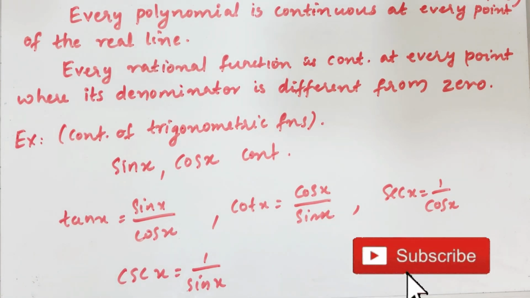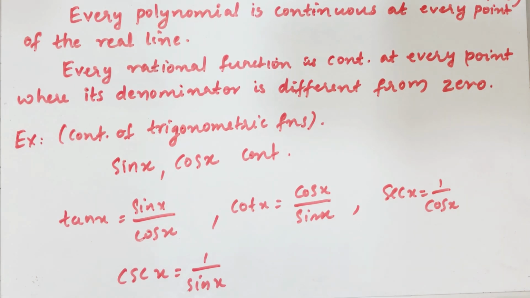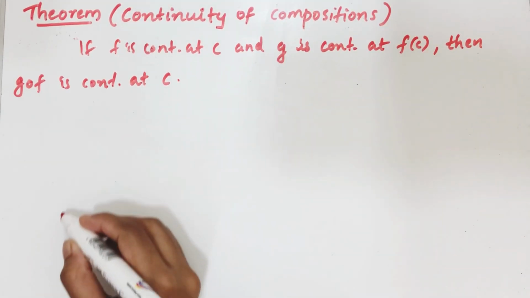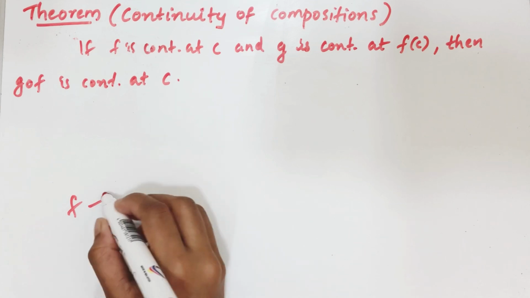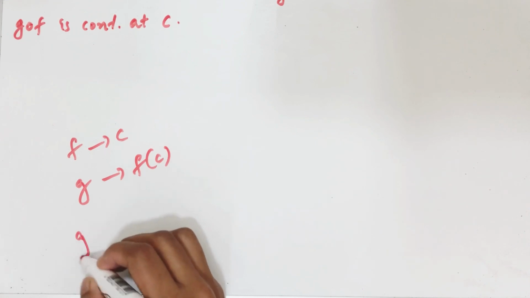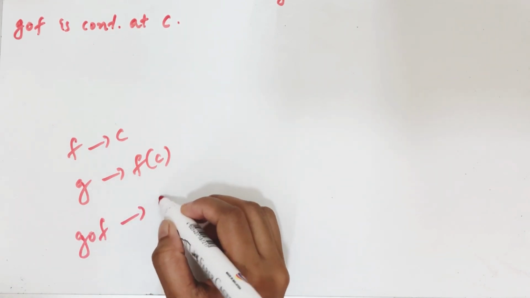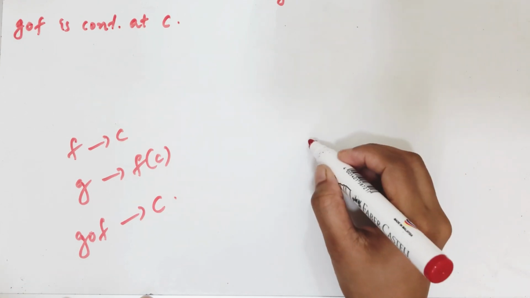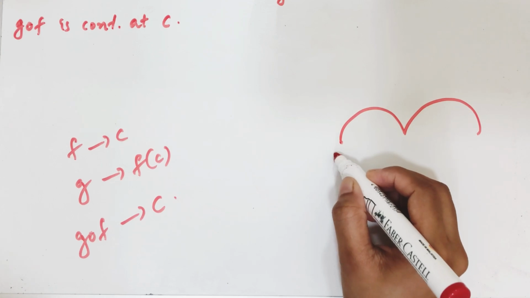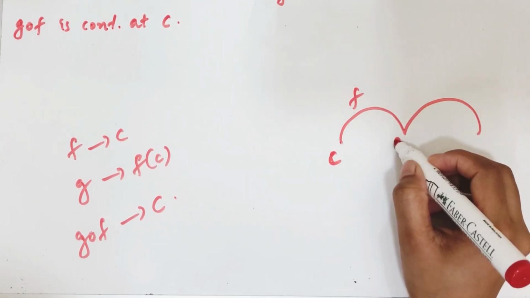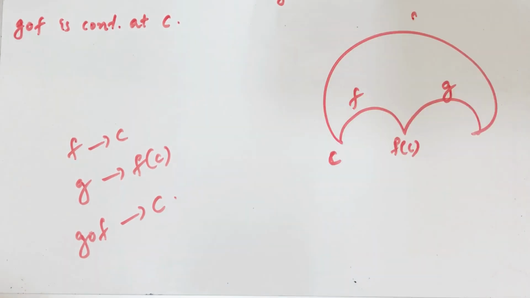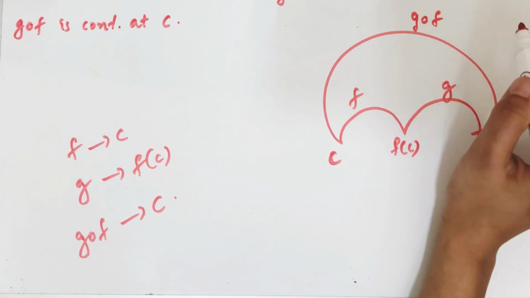Next, we can see the continuity of compositions. Theorem, continuity of compositions: if we have two functions f of x and g of x, and f is continuous at c and g is continuous at f of c, then g composite f is continuous at c.